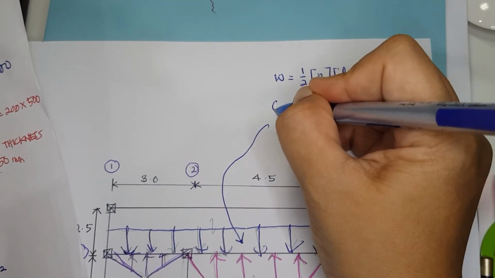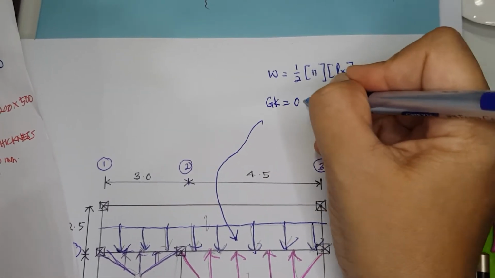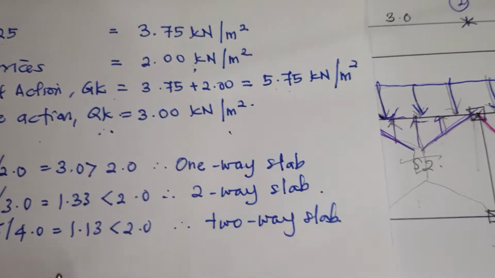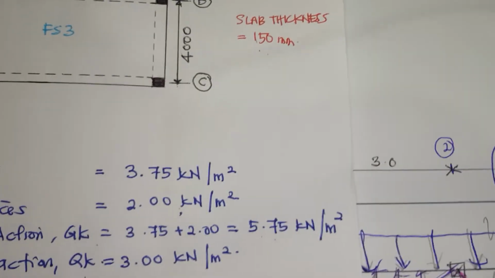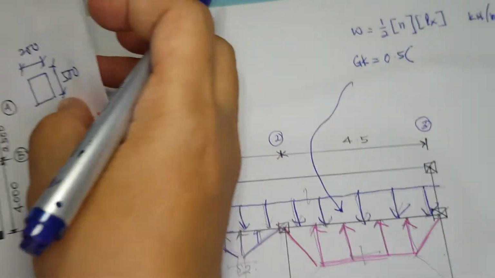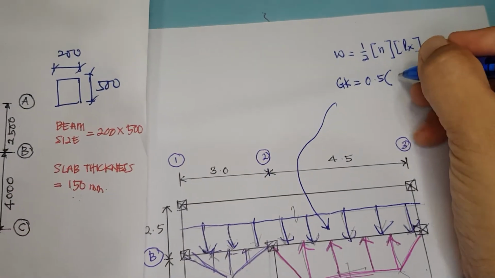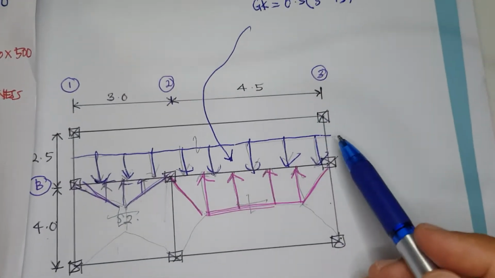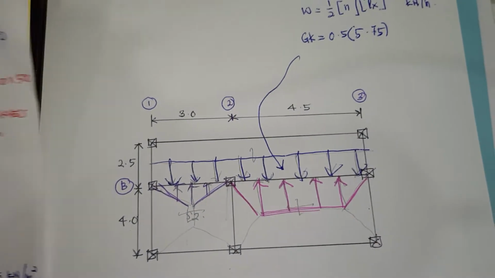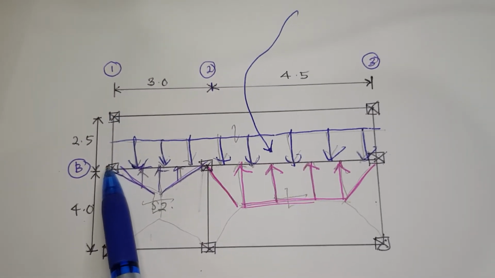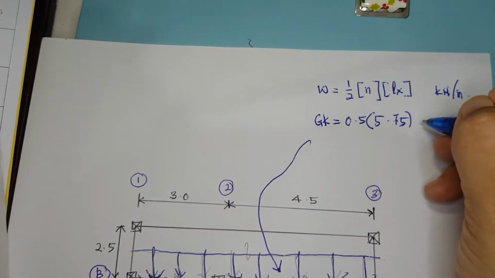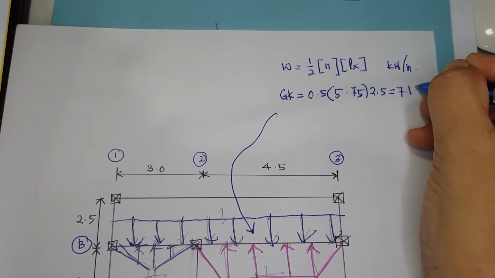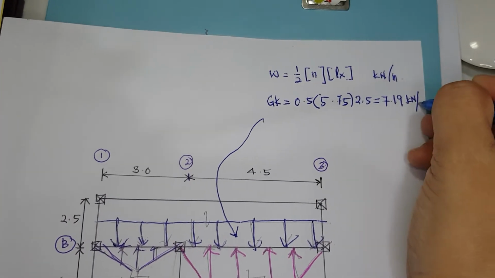So here for GK is 0.5 times our previous GK, 5.75, multiplied with here the length of Lx is 2.5. So the answer is 7.19 kilonewton per meter.